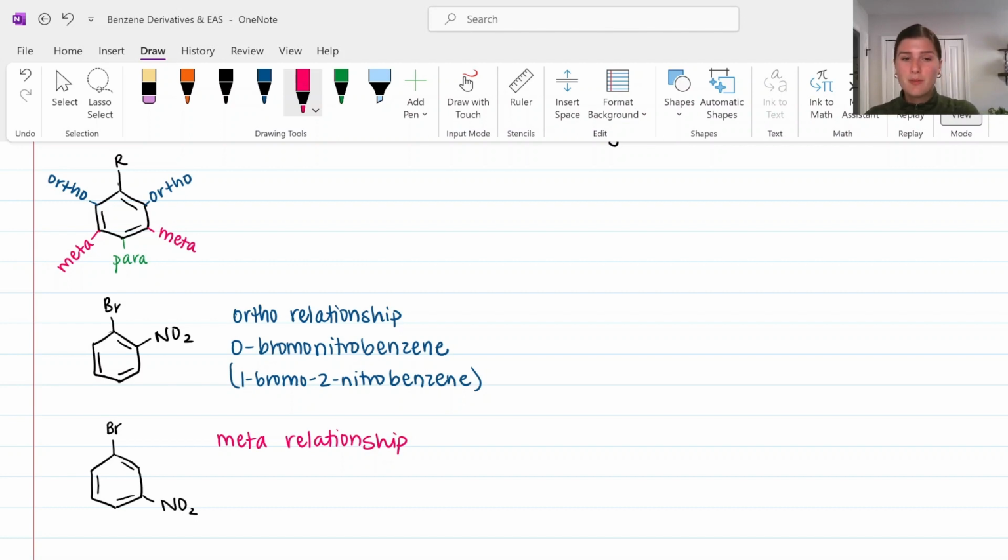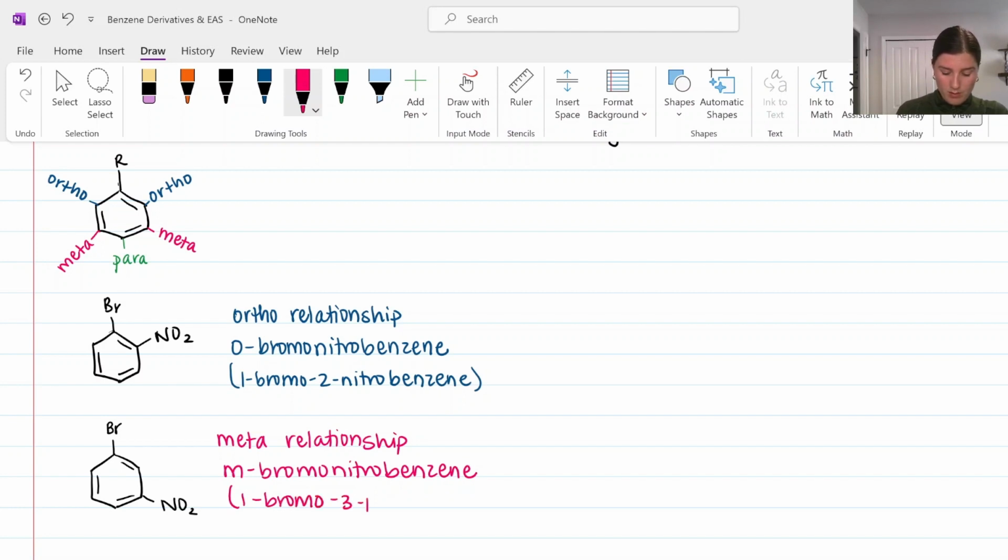So the name looks almost exactly the same as the previous one, but instead of the O at the front of the name, we have an M. So it's M, or meta, bromonitrobenzene. If we were to use numbers, it'd be 1-bromo, 3-nitrobenzene.